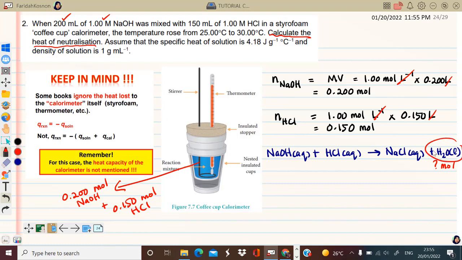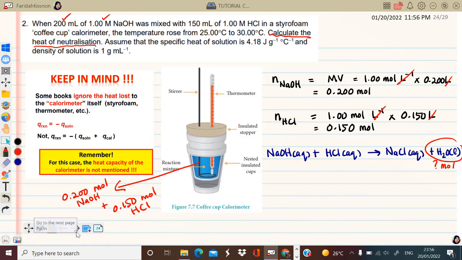Ini yang kita nak. Dan heat of neutralization ni tadi adalah defined as heat release when 1 mole of water is formed. Tapi yang kita lakukan tindak balas ni akan menghasilkan berapa mole water. In this case, in order to determine how many moles of water form, you kena cari dulu limiting reactant. Dah dapat limiting reactant, determine how many moles of the water form by using the limiting reactant punya maklumat.